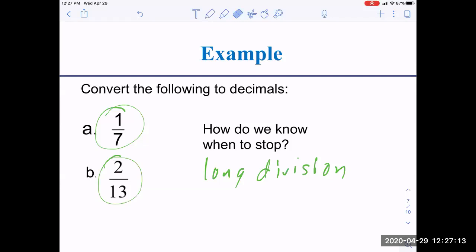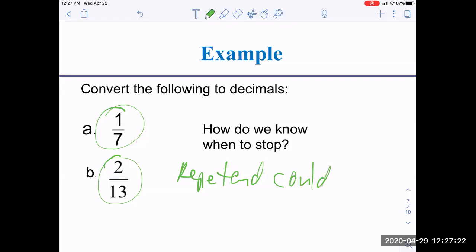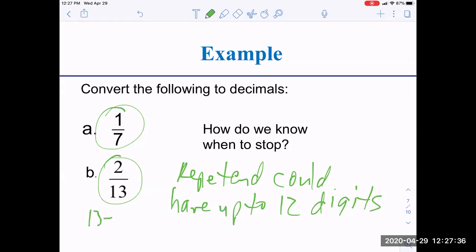And I do know this: the repetend could have up to 12 digits. I'm really hoping it doesn't, because that would be a really long division problem. I know that because it's 13 subtract 1. It's always one less than the denominator. If you do this one on yourself, it will have 6 digits in the repetend.